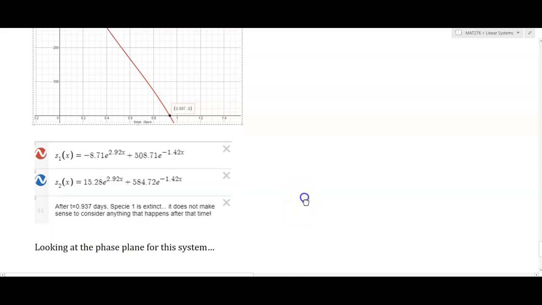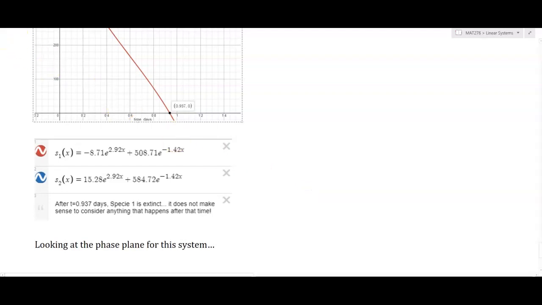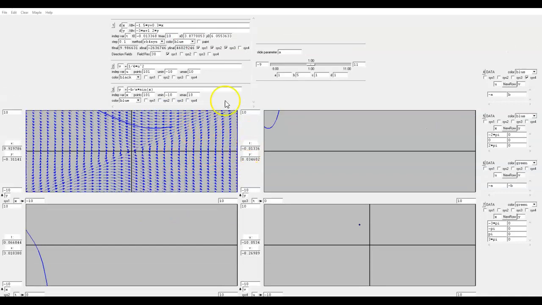We could also look at the phase plane for this model to see just what's going on in general. Let's do that real quick. So here we have our original grapher, and here I have those equations input in. It doesn't matter what order you put the terms in, but don't forget those multiplication signs.